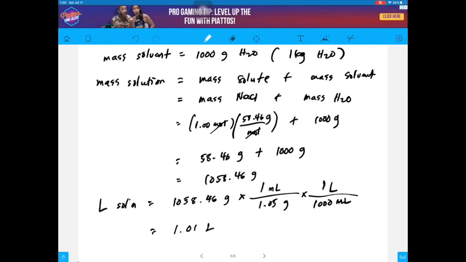Now we can calculate the molarity by dividing the moles of the solute, which is actually 1 mole only, over 1.01 liters. Now we have 0.990 molar.